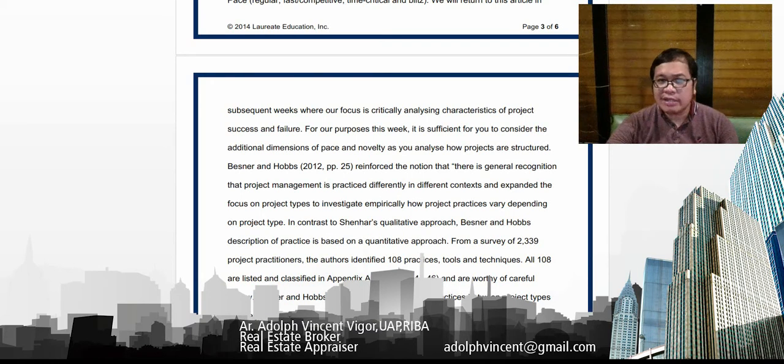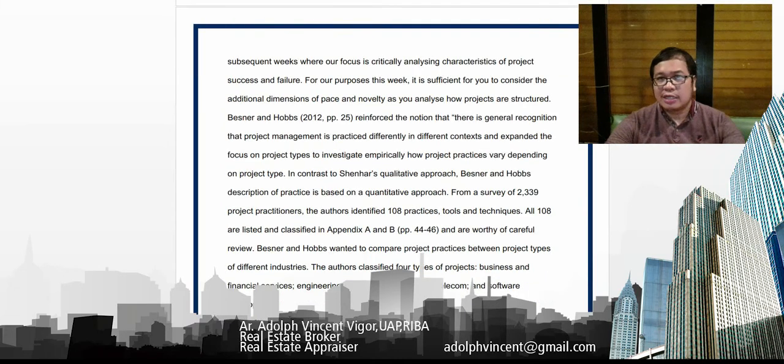So Besner wanted to compare project practices of different industries. The authors classified four types of projects: business and financial services, engineering and construction, IT and telecom, and software development. So you're going to require different approaches in project management, class, when you look into business and finance.